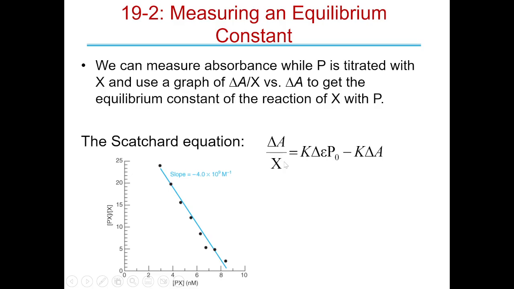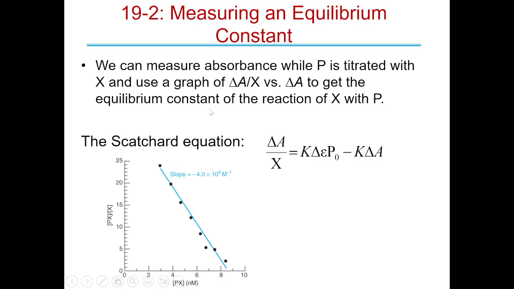So again, we can do a nice Scatchard equation with a nice Scatchard plot, can't we? So again, we can measure the absorbance while the P is titrated with X, and use a graph of the change of absorbance over X, as we add it, versus the change of absorbance.